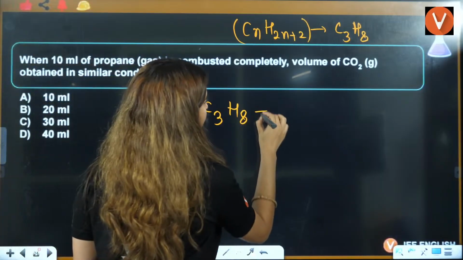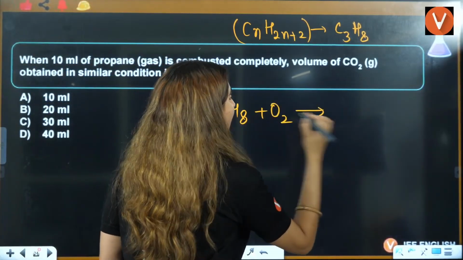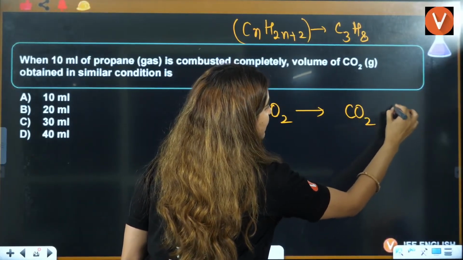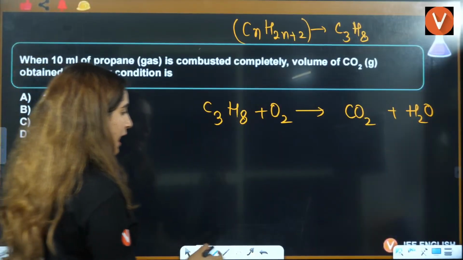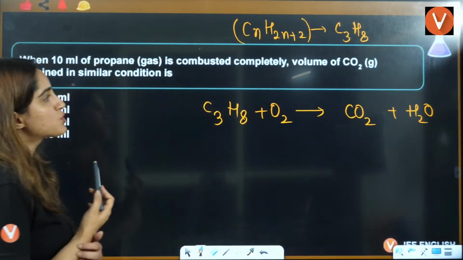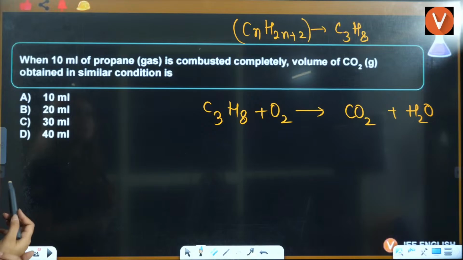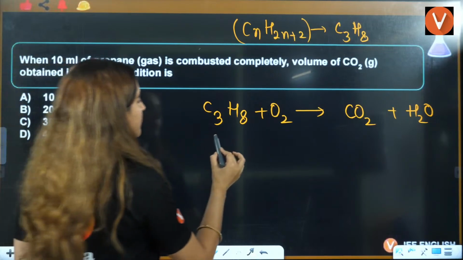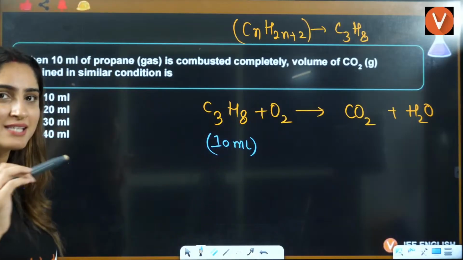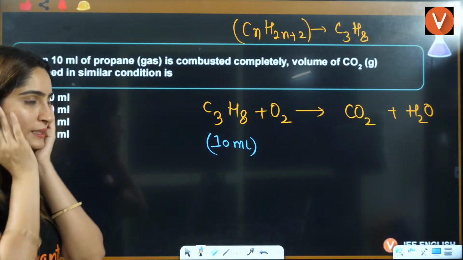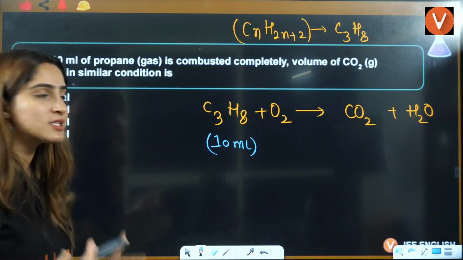When propane is combusted, whenever there is combustion, you have carbon dioxide and you have water. Firstly, you need to understand that what you have is the volume of CO2 obtained in similar condition. This is 10 milliliter. You first have to see the balancing of this reaction.